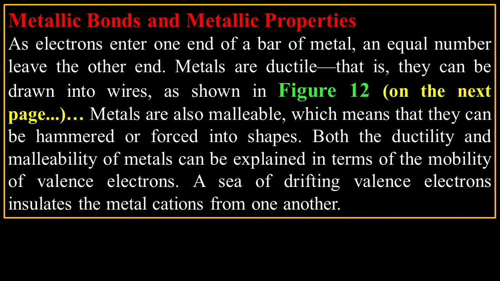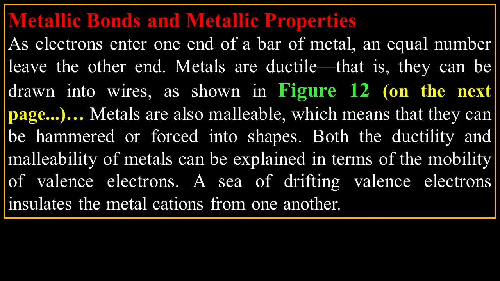Metals are also malleable, which means they can be hammered or forced into shapes. Both the ductility and malleability of metals can be explained in terms of the mobility of valence electrons. A sea of drifting valence electrons insulates the metal cations from one another. So the ductility and malleability of metals can be explained in terms of the mobility of valence electrons.